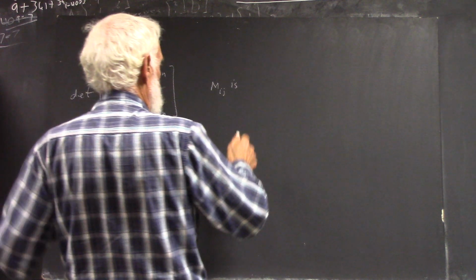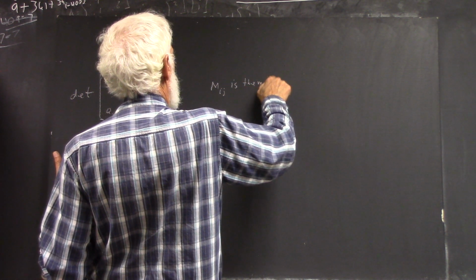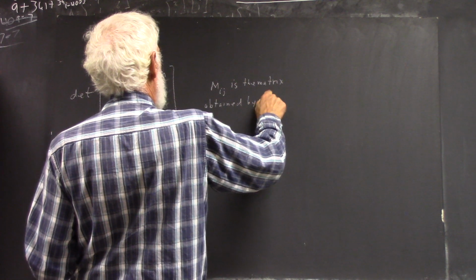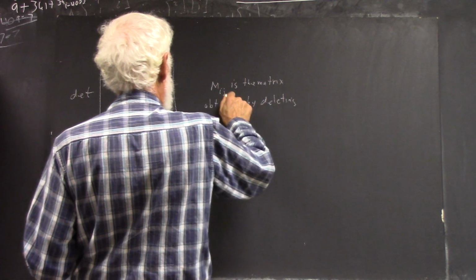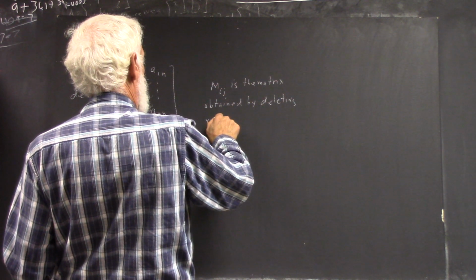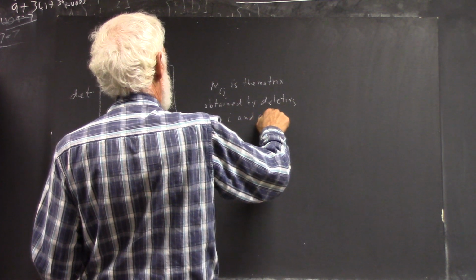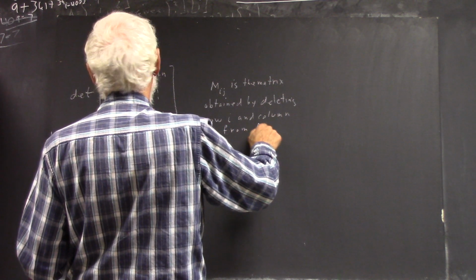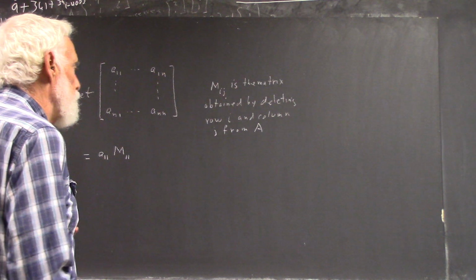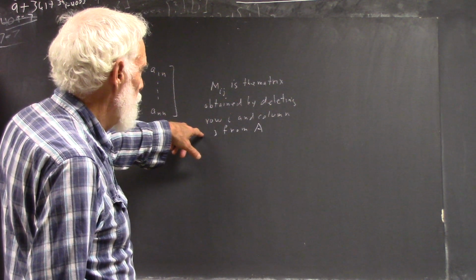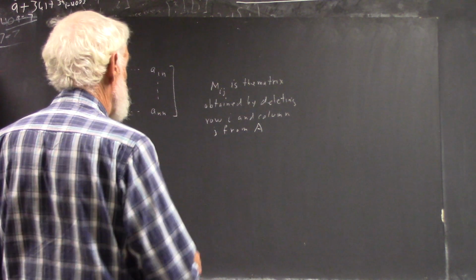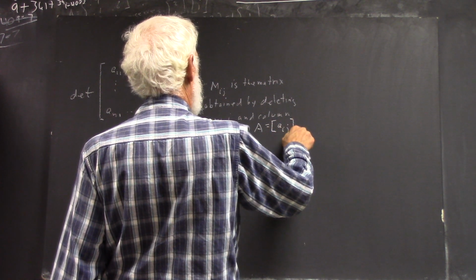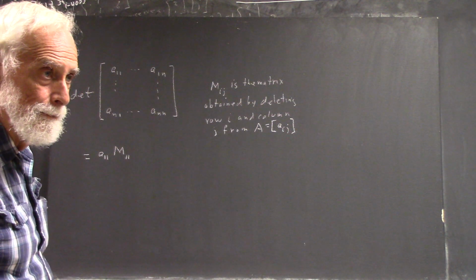Mij is the thing that you're familiar with, the matrix obtained by deleting row I and column J from the matrix A. And we can denote the matrix A by Aij, okay?